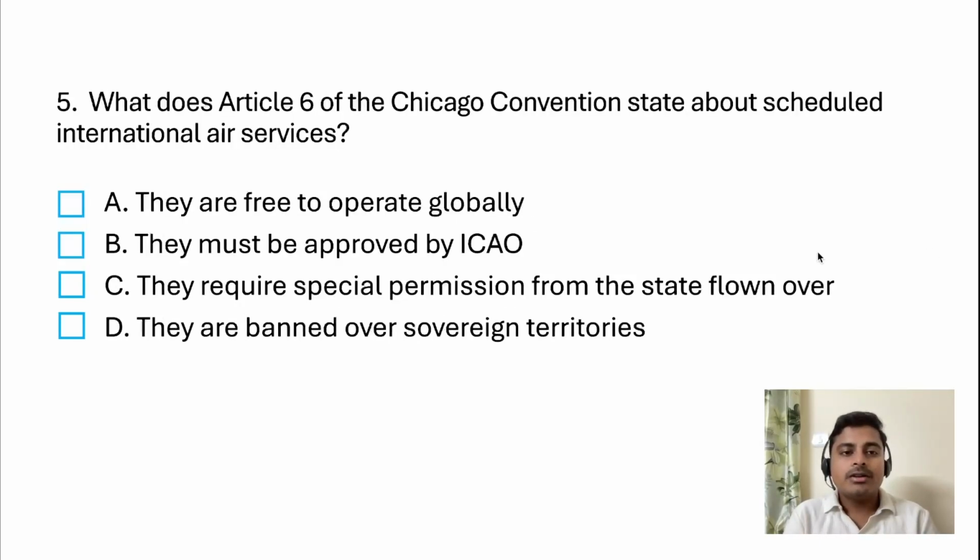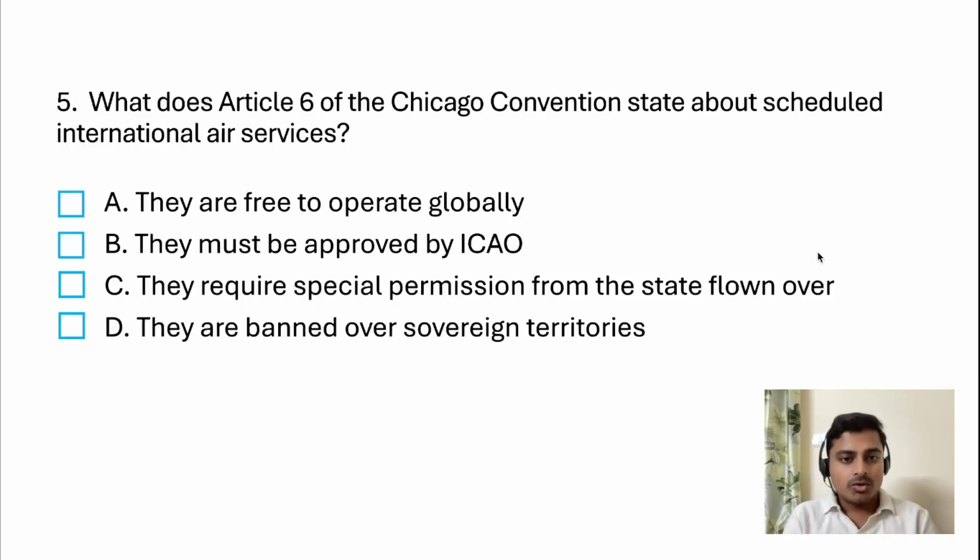Question number 5. What does Article 6 of the Chicago Convention state about scheduled international air services? Scheduled services, right? Commercial services which are scheduled, which have a proper schedule approved from the states. Option A, they are free to operate globally. No, since they are scheduled services, they need prior approval of their flight plan before flying over the airspace of any other state.